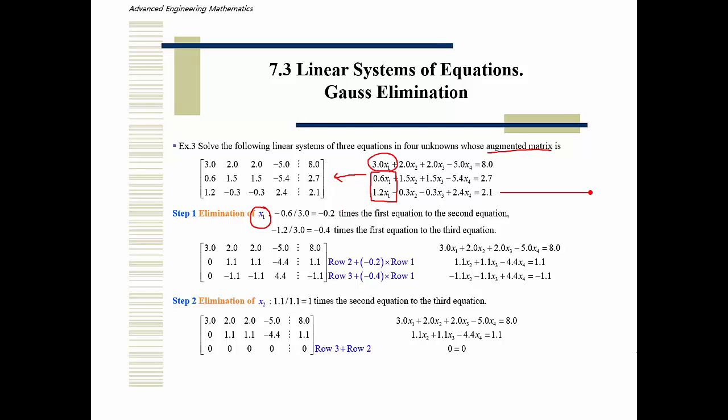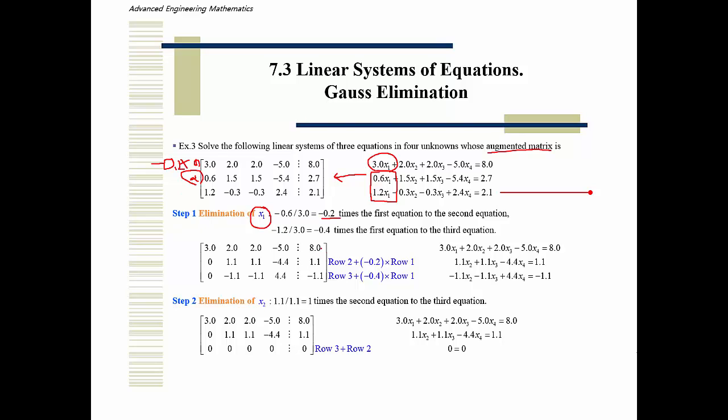To eliminate x1 from the second and third equations, we can add minus 0.3 divided by 3, equal to minus 0.2, times the first equation to the second equation. We add the first equation to the second equation by multiplying by minus 0.2.